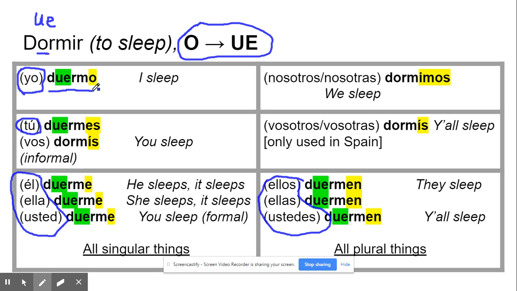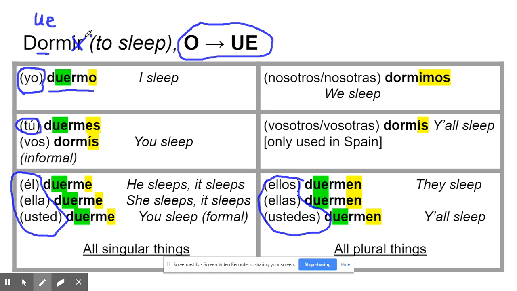And then all I did is I took off that IR ending and I put the regular yo ending. All of those yellow highlights are just the regular IR verb endings. There's nothing irregular about that. Those are the ones we learned last week. So that part is normal. But everything that I highlighted in green is the stem changes.